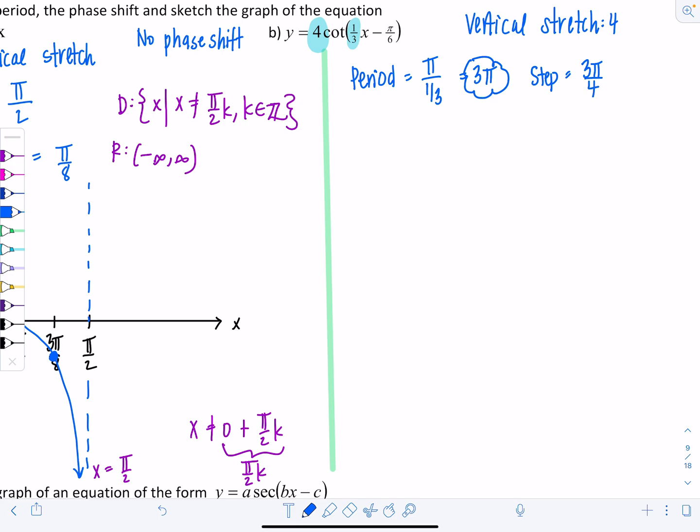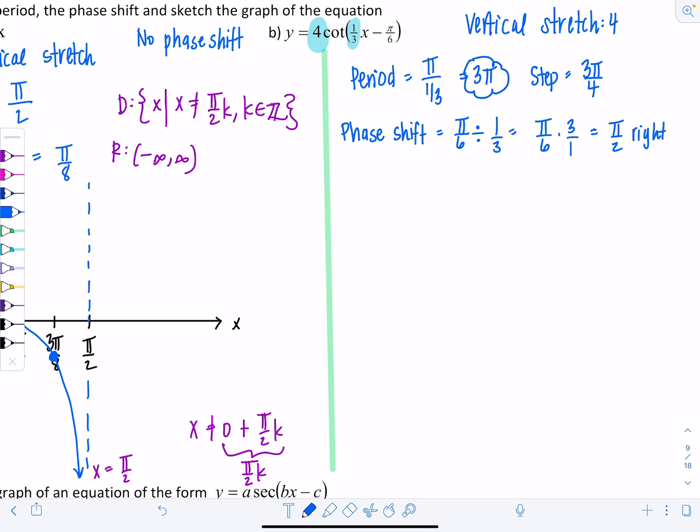Ooh, we have a phase shift. This is getting fancy. So phase shift is c divided by b. Pi over 6 divided by 1/3. So that's pi over 6 times 3 over 1. 3 pi over 6 is pi over 2 to the right.